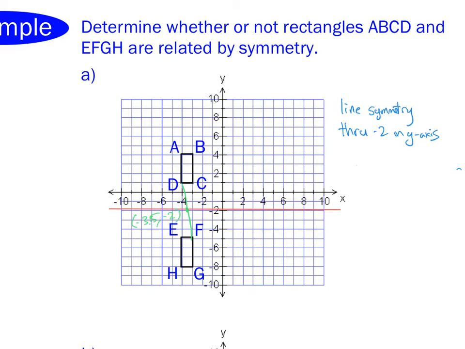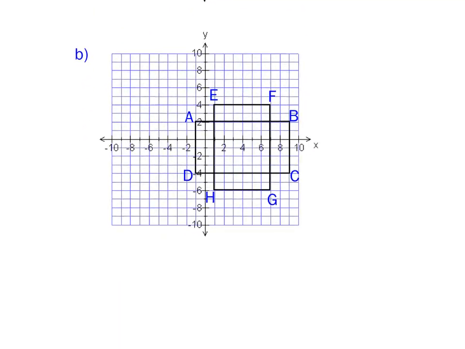So there's also rotational symmetry about -3.5 and -2. So it exists there. So this particular situation has both line symmetry and rotational symmetry. And we'll move on to the next one.